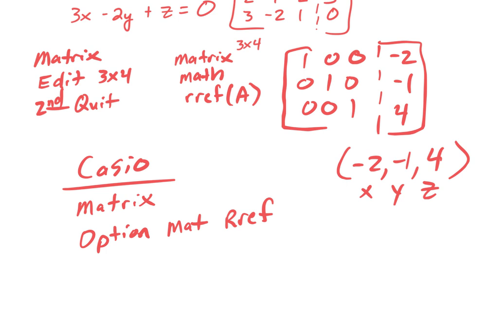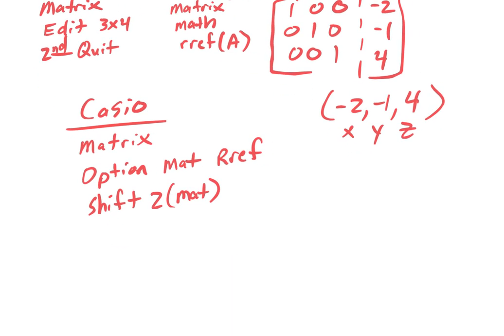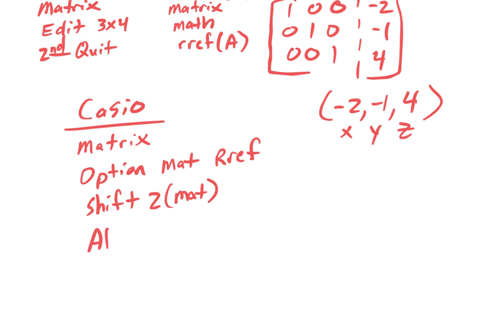Then you're going to type in right above 2, so you're going to have to go shift 2, and it says matrix or MAT right above 2. And then you're going to do alpha button, and then whatever matrix you put it into. So if you put it into A, you'd go alpha A. Okay, so it should say RREF of matrix A.